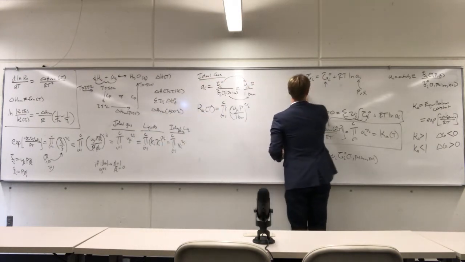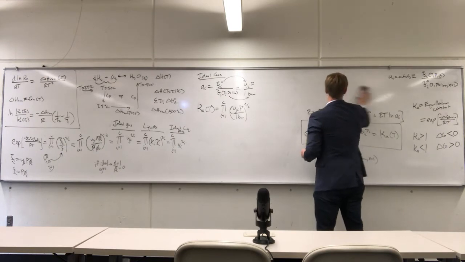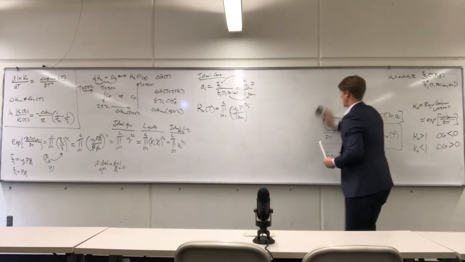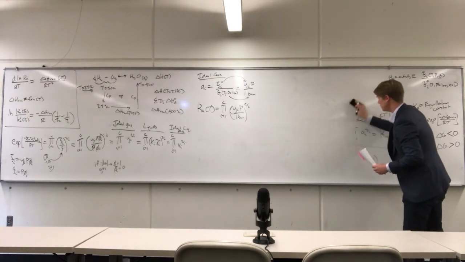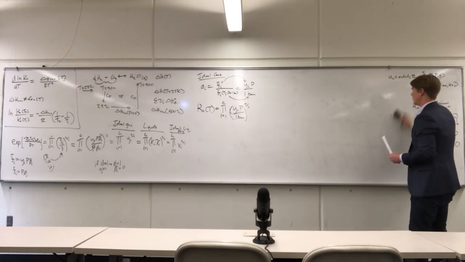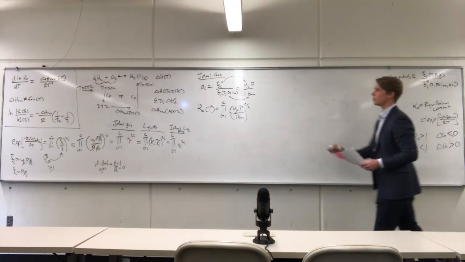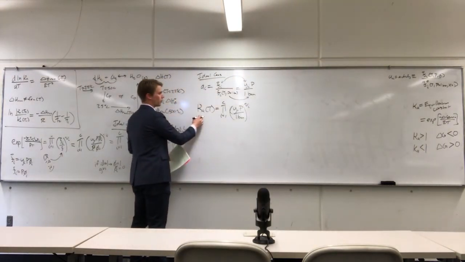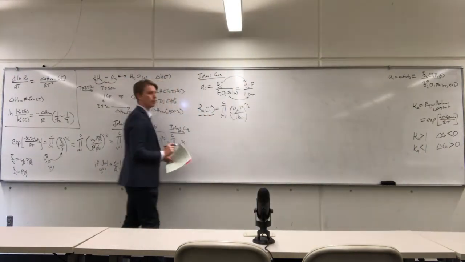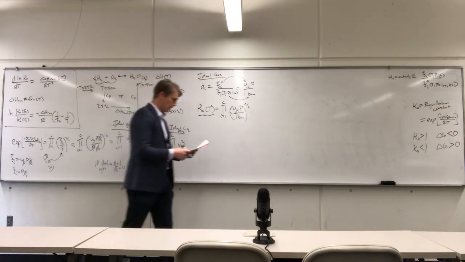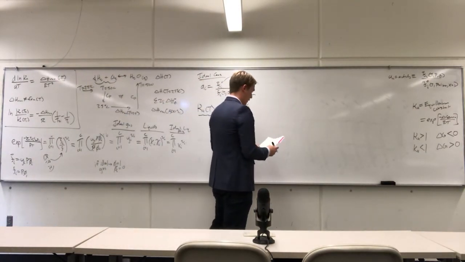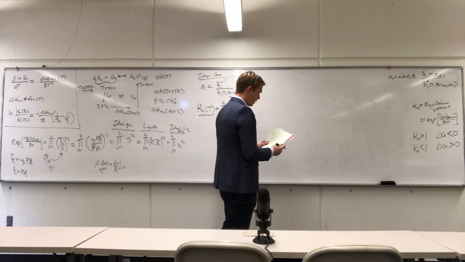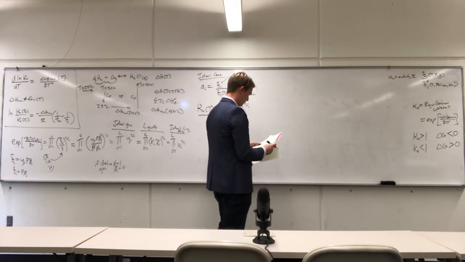Trying to rush through, because if we can knock this out, then I don't think we have to do too much on Monday. So this is going to be our equilibrium expression. Let's say we have access to the Gibbs free energy change of the reaction, which means we can calculate the equilibrium constant for this process. What I'd like to do now, really briefly, we can go over it again.